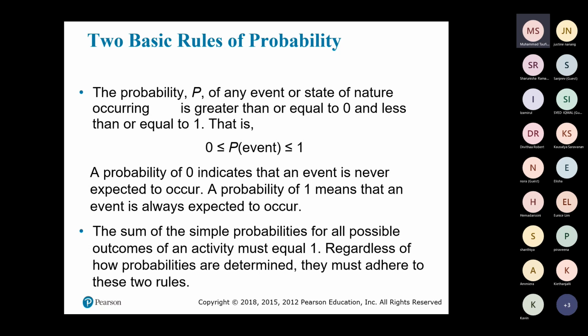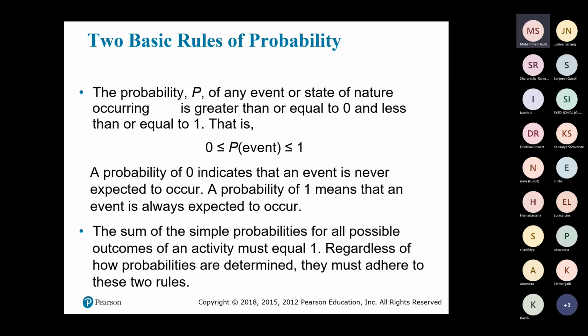Probability 0 indicates that the event will never happen, never occur. Probability of 1 means that the event is always expected to occur, it will always happen. That is the meaning of the values. If the probability is 0, the event will not happen at all.